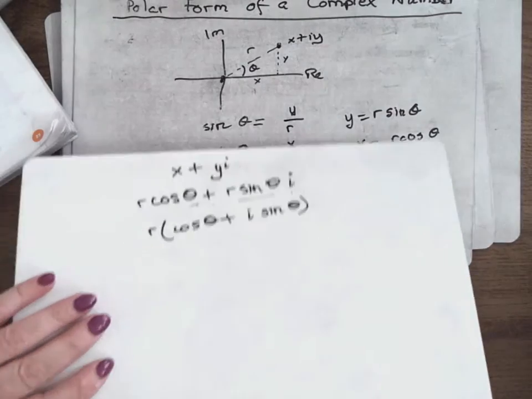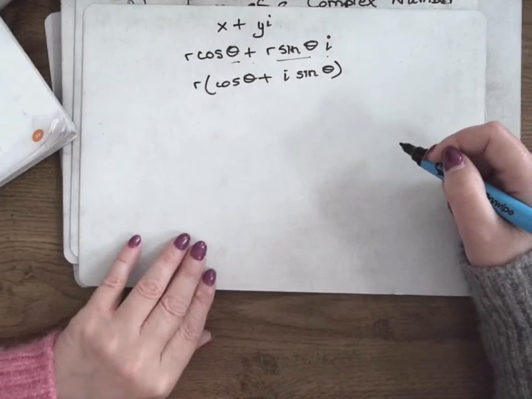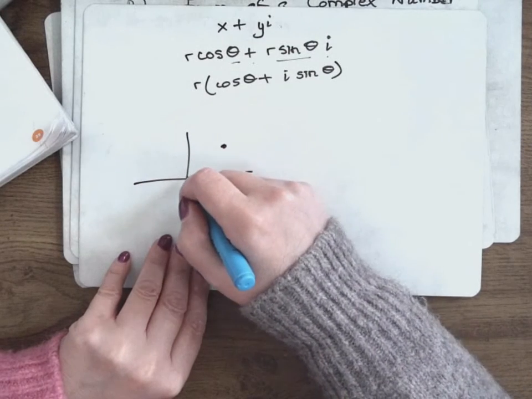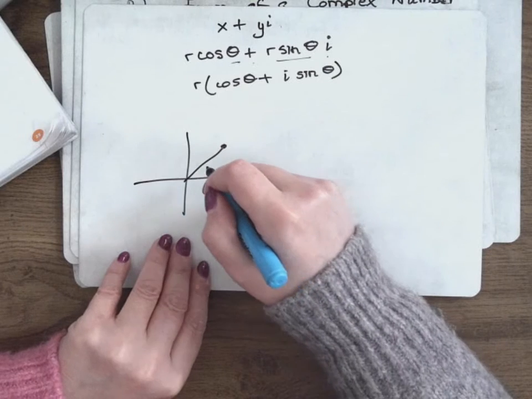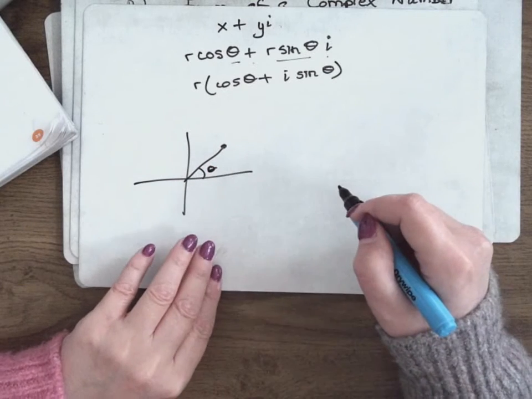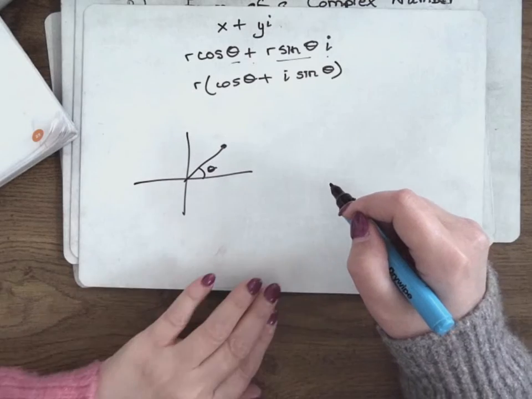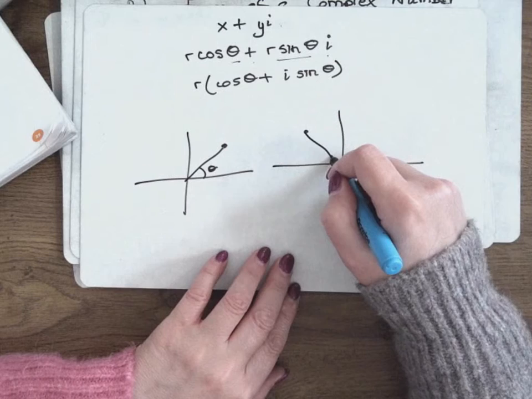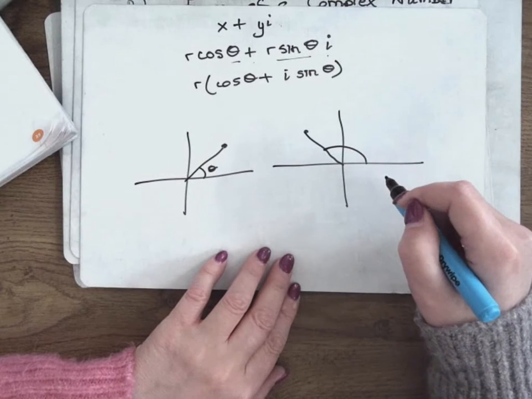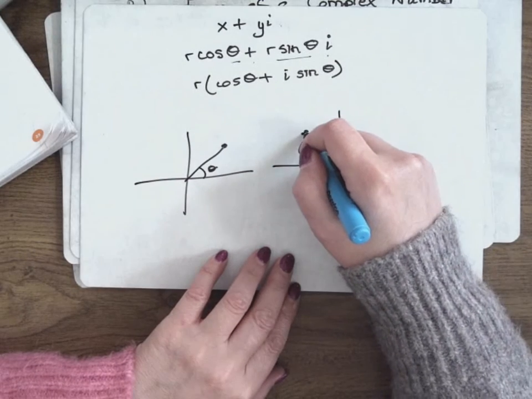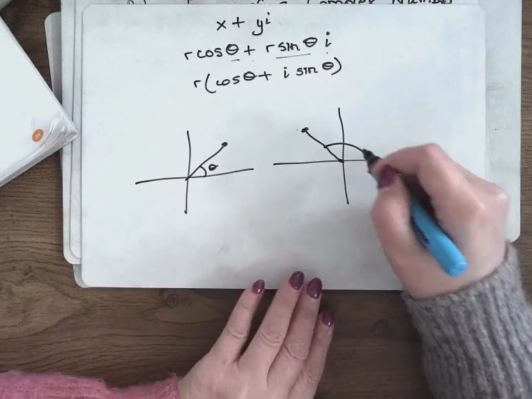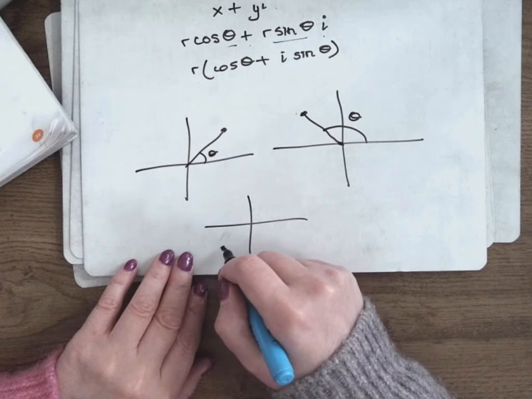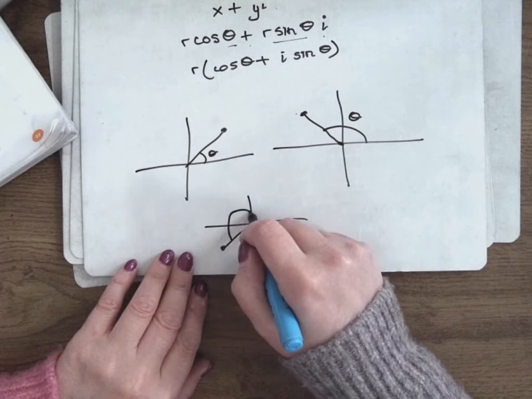You needn't write down the next bit. If I had a complex number here, r is the length of that line, or the modulus, and this is theta. Those are the two measurements I would have to know. If I had a complex number over here, theta is that angle there, and r is the distance from 0 to the point. If the complex number on the graph was down here, the argument is all the way back to the positive x-axis.